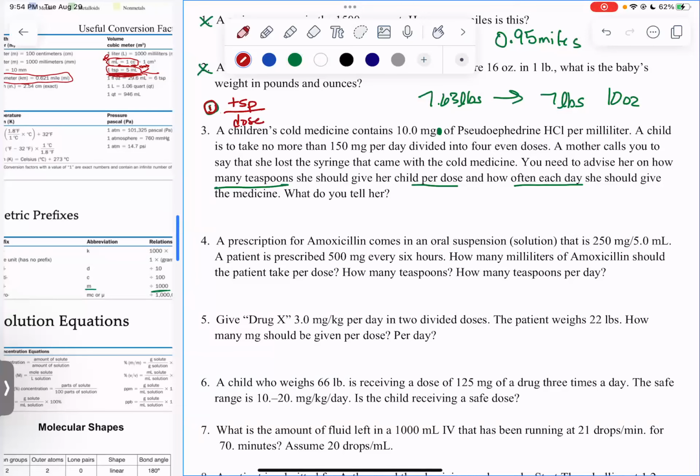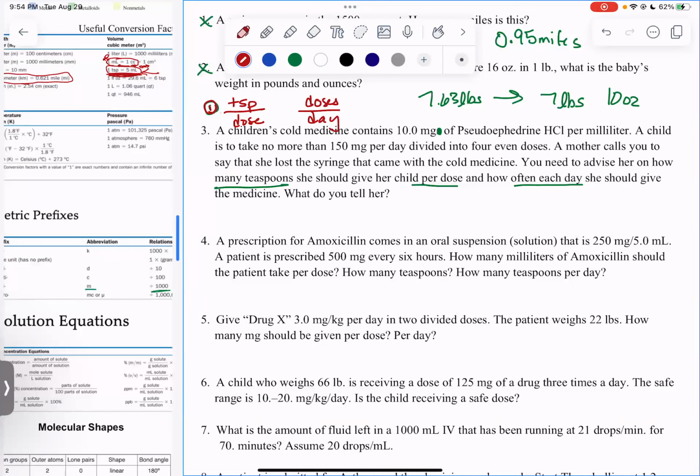And then my other goal is how often each day she should give the medicine. So it's how many doses per day is how often she should do this.